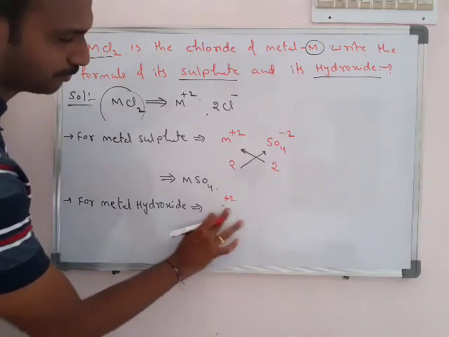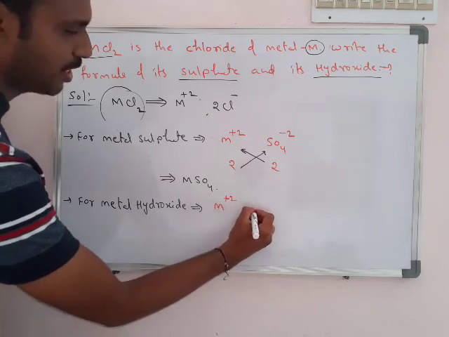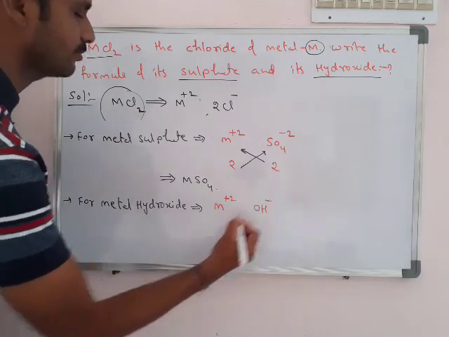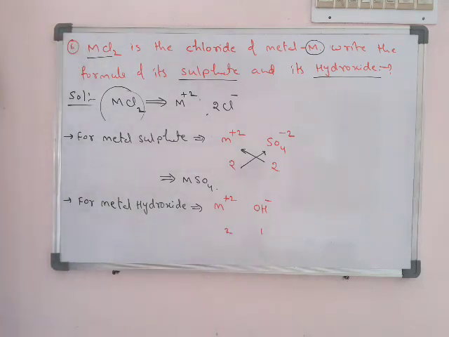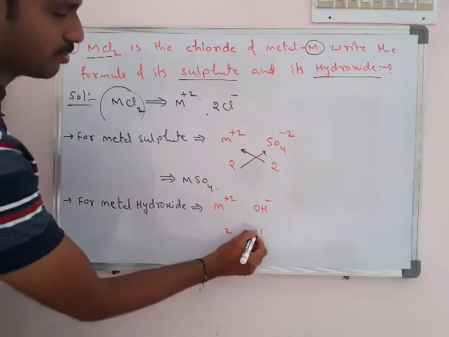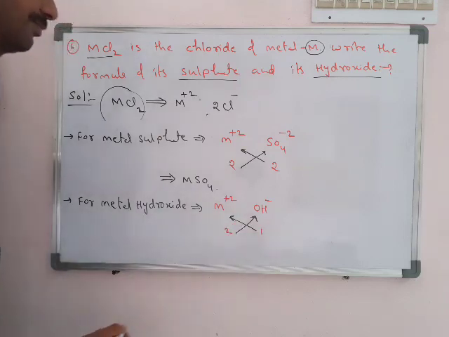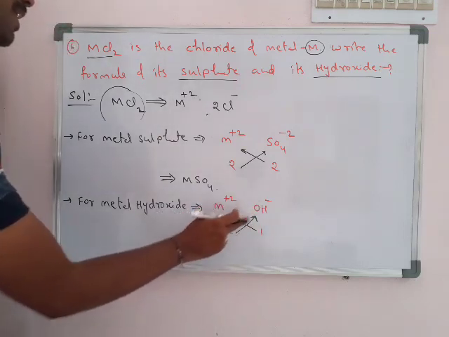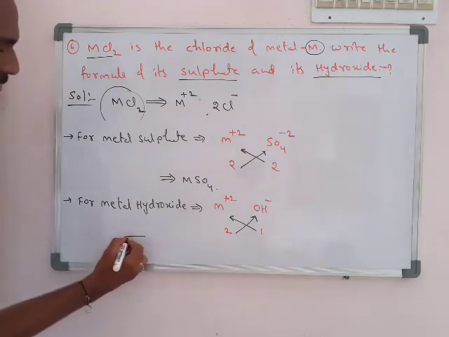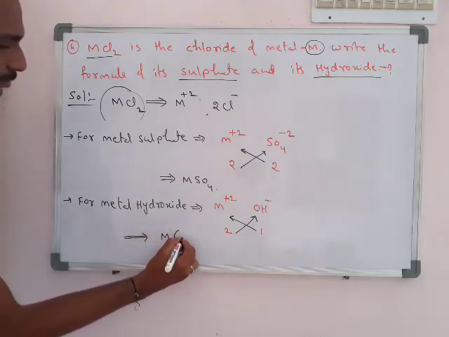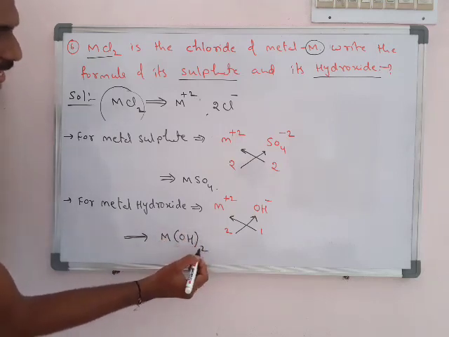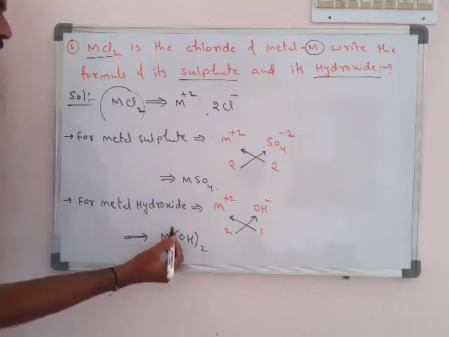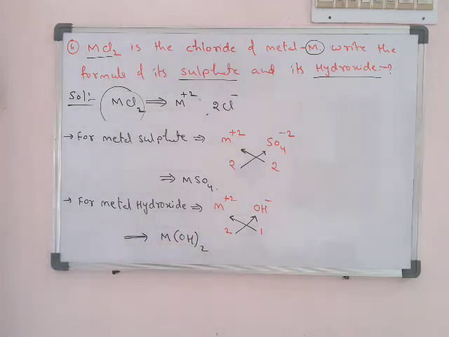It is M plus 2. Right. What is the hydroxide? Hydroxide is OH minus. So two positive charges, one negative charge each, so balanced. How many M plus 2 ions? 1. How many hydroxides? 2. So now the formula becomes M(OH)2. Each OH minus carries minus 1, becomes minus 2, and M becomes plus 2.